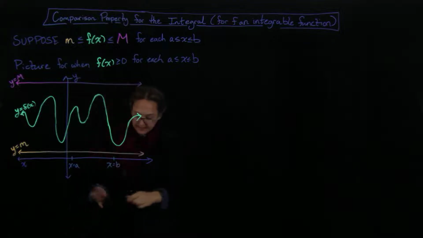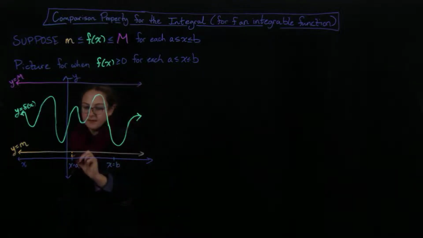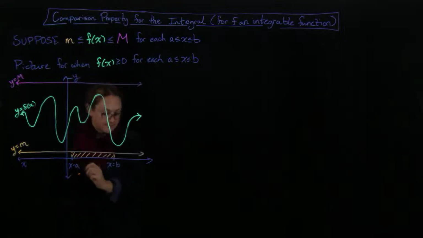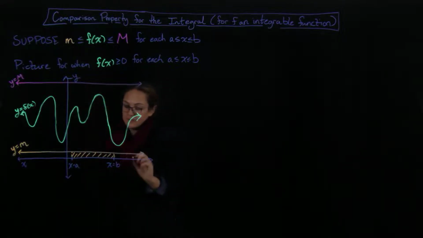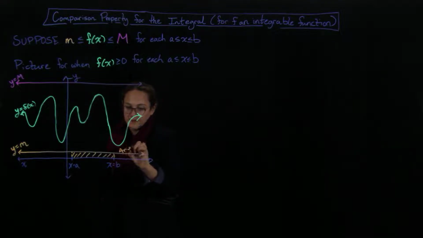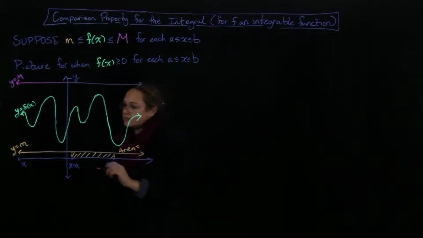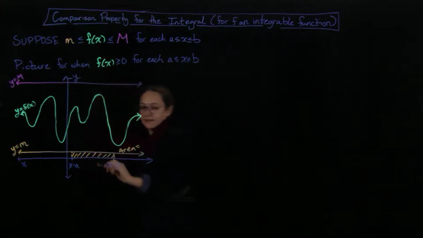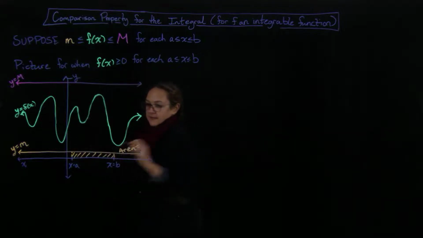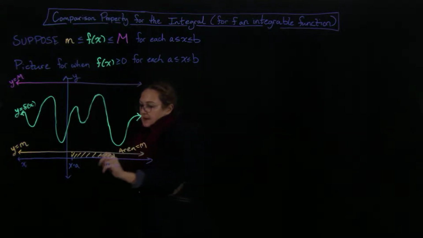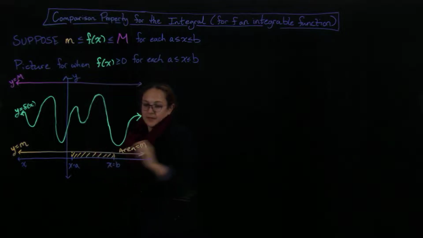And then I can look at the areas below these curves. So I have this area here. The area under here is going to be equal to, we can just do width times height. So our height is going to be little m, and our width is going to be b minus a.